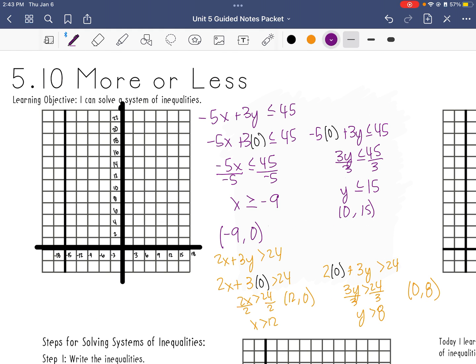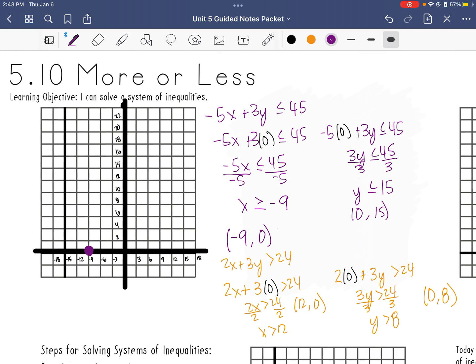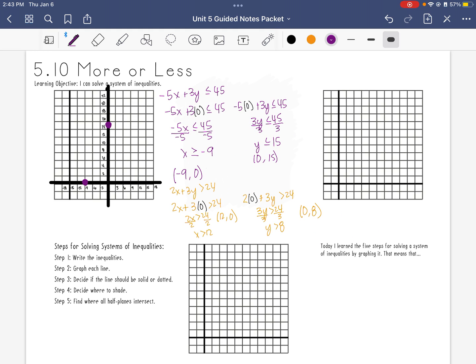Now we have to plot our points. Okay, so (negative 9, 0) would be here. Our other point for that inequality was at (0, 15), which would be here. Now, if you look down here, we're supposed to graph each line and then decide if the line should be solid or dotted.